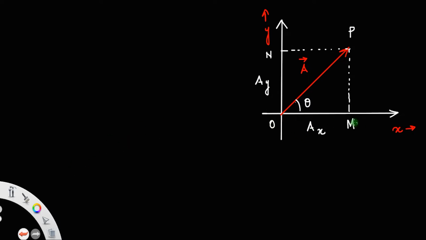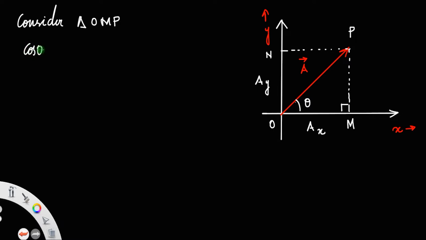So you have a right triangle here, OMP. Consider triangle OMP. Since OMP is a right triangle, you can take the cos, sine and tan.